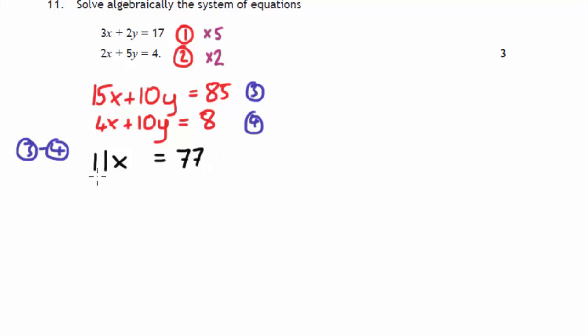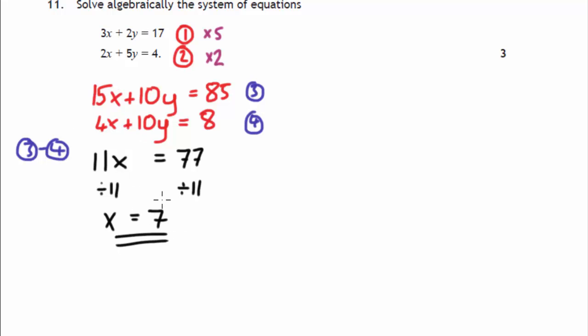Now, if we divide both sides by 11, we've now got x equals 7. Okay, so that's us found one of the unknowns.